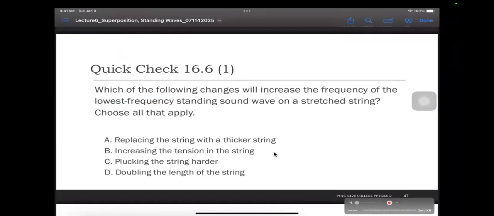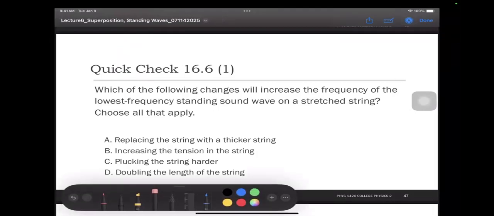Okay, let's talk about this question. Which of the following changes will increase the lowest frequency of a sound wave on a stretched string? Choose all that apply. Let's write down the equation here. The lowest frequency means the fundamental frequency.